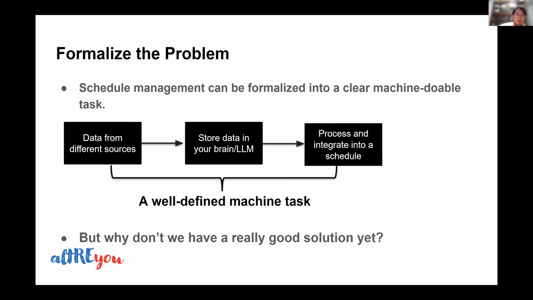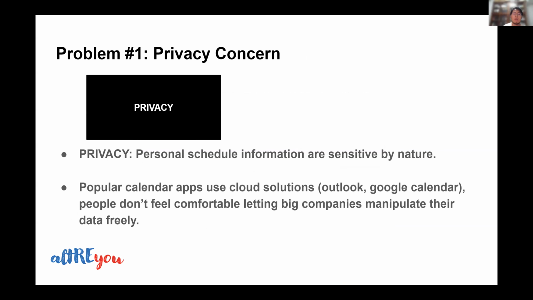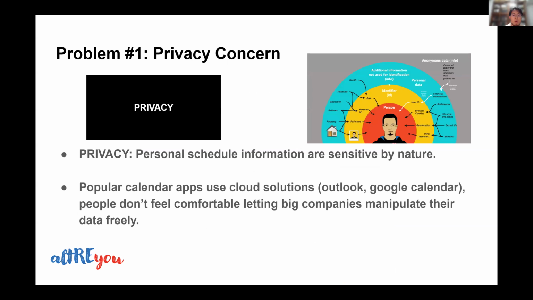So I think we can formalize the problem of schedule management. Data from different sources will be stored in your brain or LLMs, and they can then process and integrate them into a comprehensive schedule. Seems to me to be a well-defined machine task, but why don't we have a solution yet? Turns out privacy is the biggest concern here because personal information is sensitive by nature.